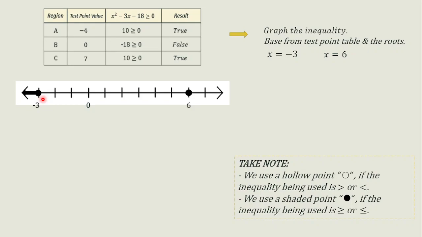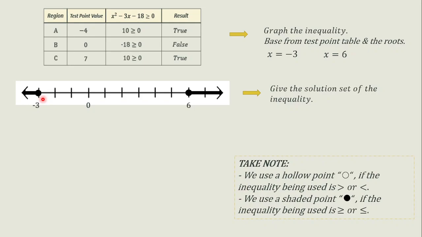Then, for region C, the result is true. It means from 6 going to the right side, we will darken it. All the numbers included in the point and to the right of the point 6 are part of the solution set. This is not yet the final answer. We have only graphed it.